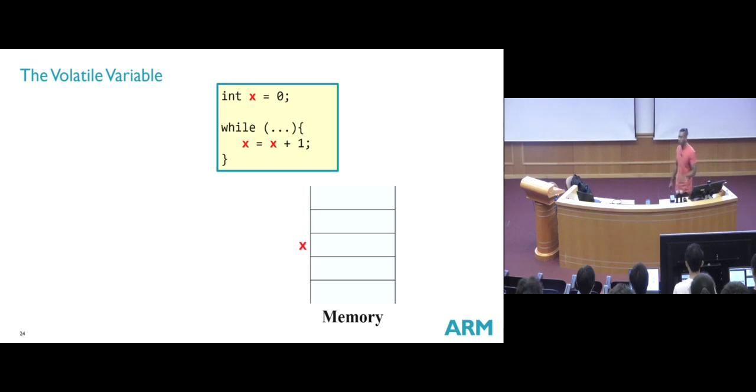So what is this volatile keyword and why is this very, very important in our embedded programming? When I normally write a code like this, integer x equals 0, and I write a loop x equals x plus 1, what happens? When I compile my code, I will set aside some memory location to hold this variable x for me.